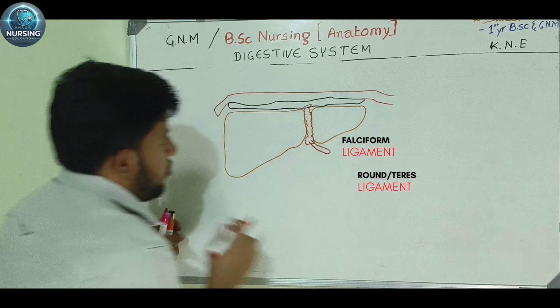Another vessel, another duct, is there, which doesn't carry the blood but carries the bile, which is secreted by the hepatocytes, the hepatic cells. Hepatic means liver.